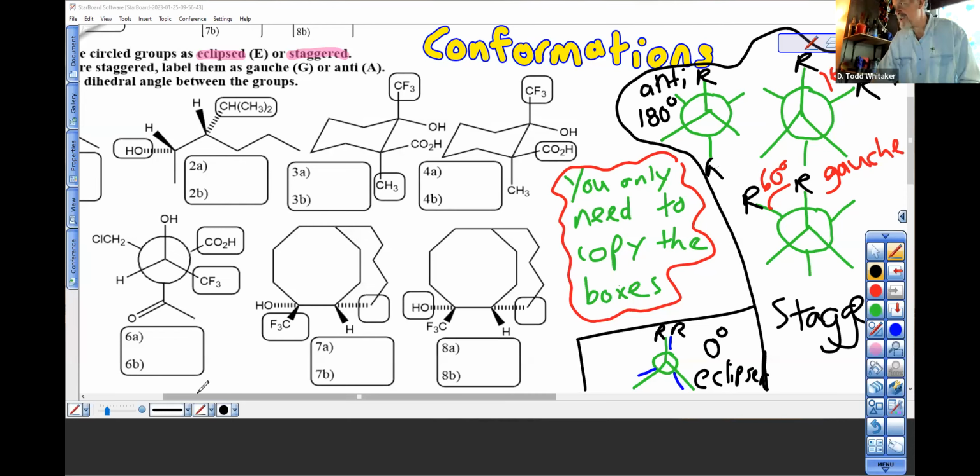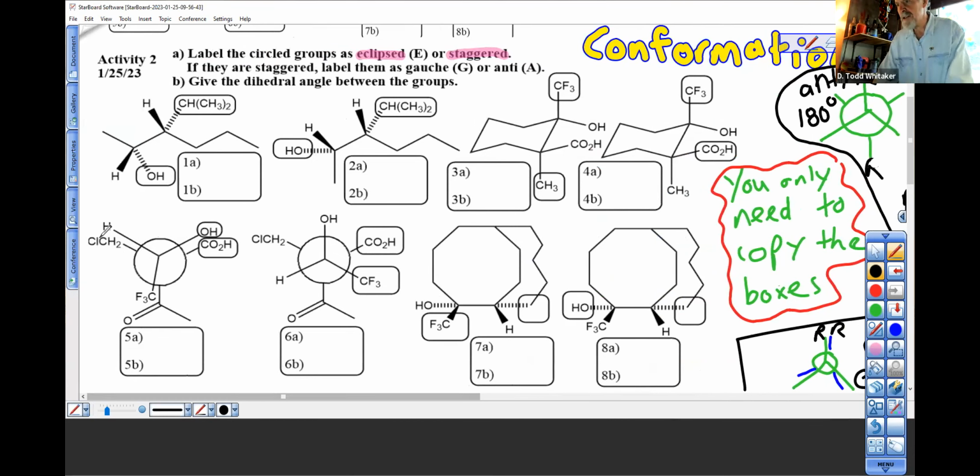So we're going to use our imagination, and this one versus this one. If I was telling you one of them's eclipsed and the other's staggered, could you figure out which one's eclipsed? If you were looking right along here on this one, wouldn't this H be right in front of this H? And those circled things would also be in front of each other, but they're in behind.